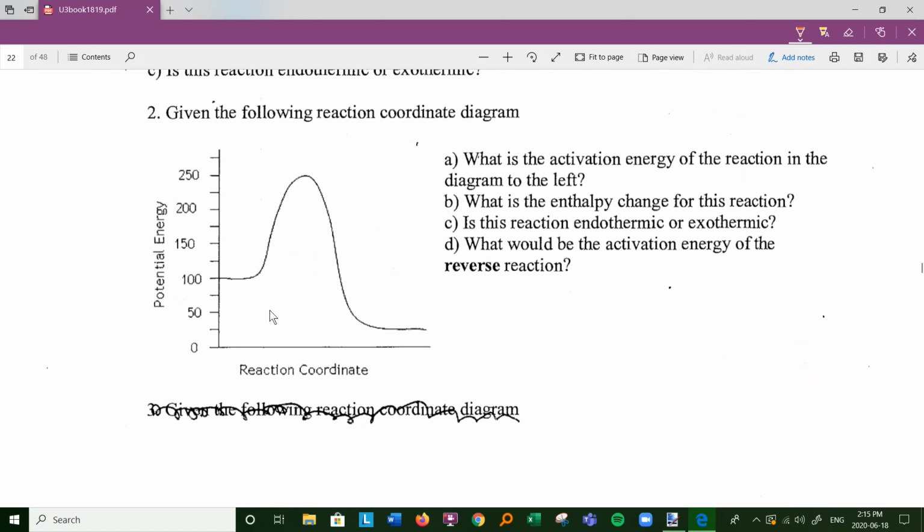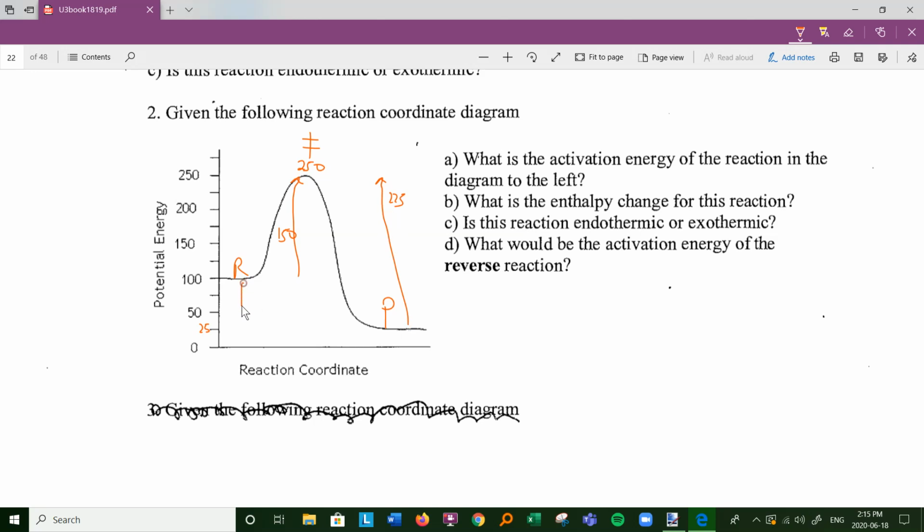Okay. Here's another one here. I got the reactants. I got my activated complex. I got my products sitting at around, what would you say that is? Fine, I'll say 25. And this is around, we'll say 250. So my forward activation energy is 150. My reverse is 225.